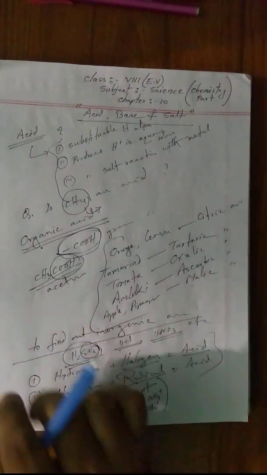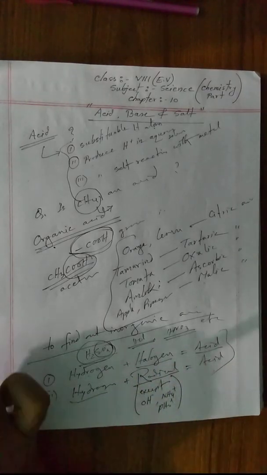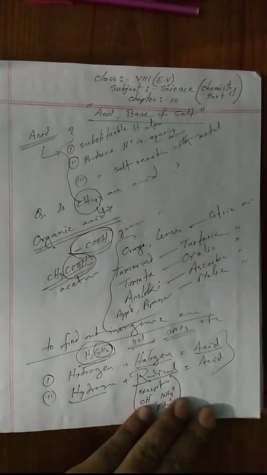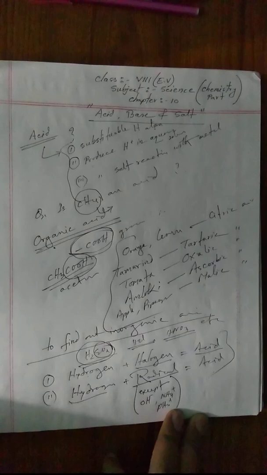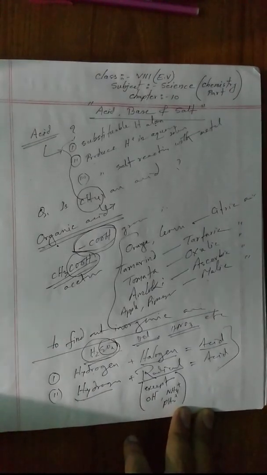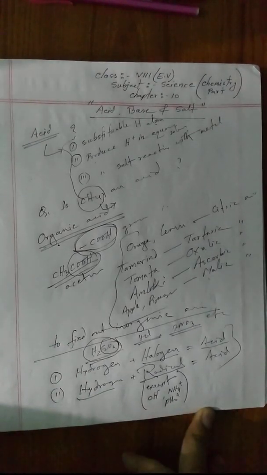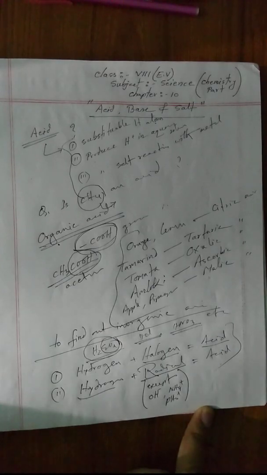So you have to memorize the valency and the formula of some radicals from chapter 8. This is very important for your chemistry part.